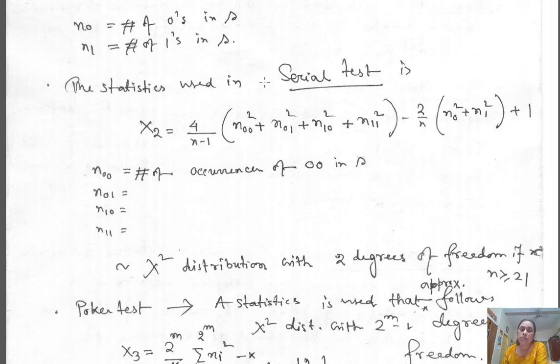Passing the serial test means this random variable should satisfy chi-square distribution with 2 degrees of freedom, with some restriction on n.